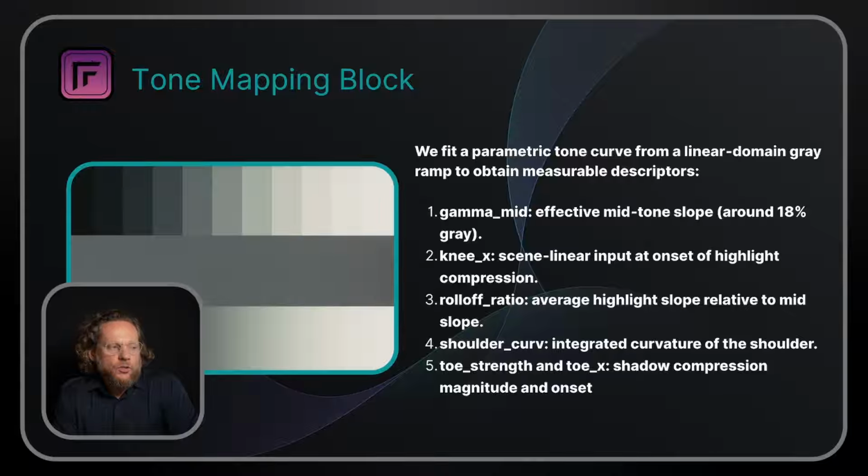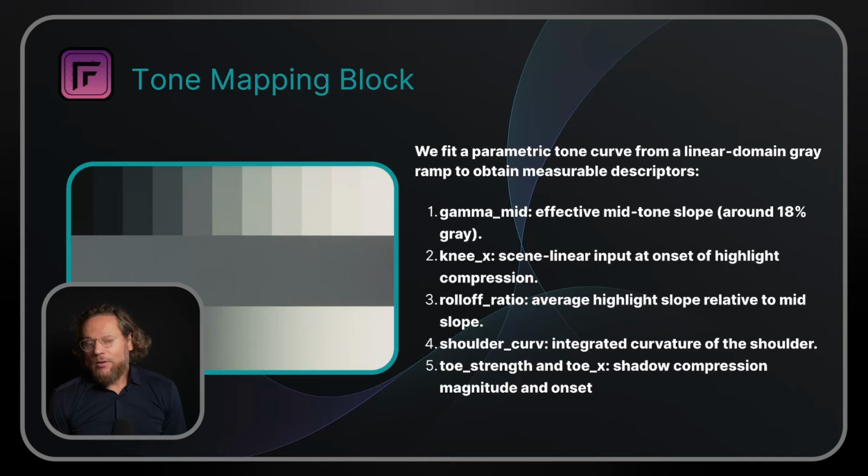And then we also assign a shoulder to it, and a strength of a toe to it, right? So we want to know at what point it happens, what's the strength of the roll-off at the bottom, which is the toe, and the shoulder, which is the top.